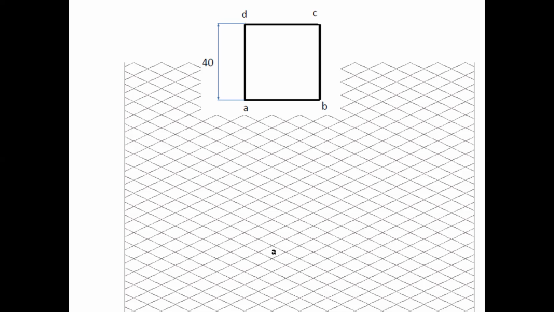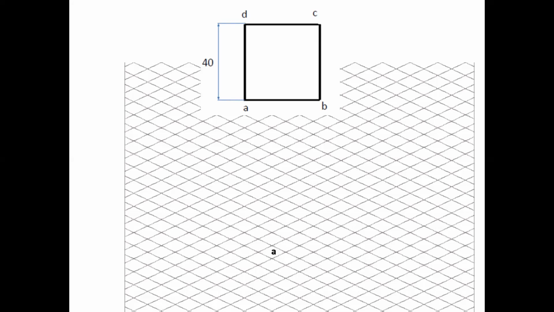Mark that point as A. Once you mark this point, on the 30-degree inclination line you need to measure the dimension. No need to use a normal scale. You just need to count the boxes. What is the square dimension given? It is 40 by 40.